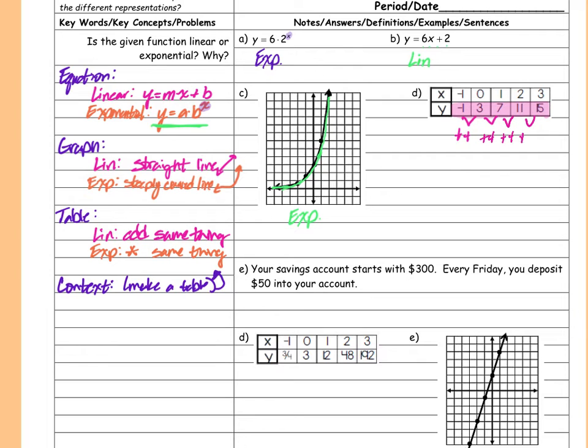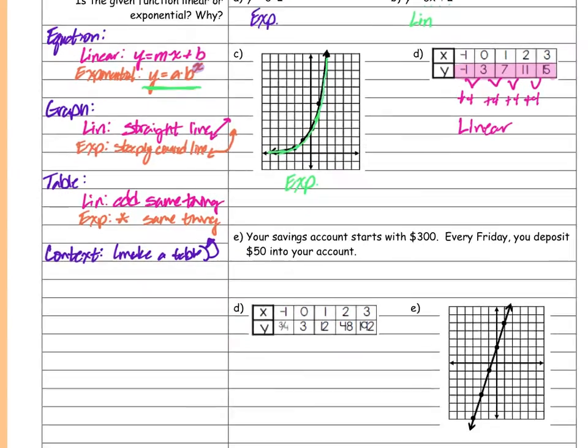And 11 plus 4 is 15. So I'm adding the same thing every time. So that means this is linear. Okay? Does that make sense? I'm trying to talk through how I think in my brain for you guys so you can maybe figure this out a little bit in your own brains. Okay? So let's look at the story problem.